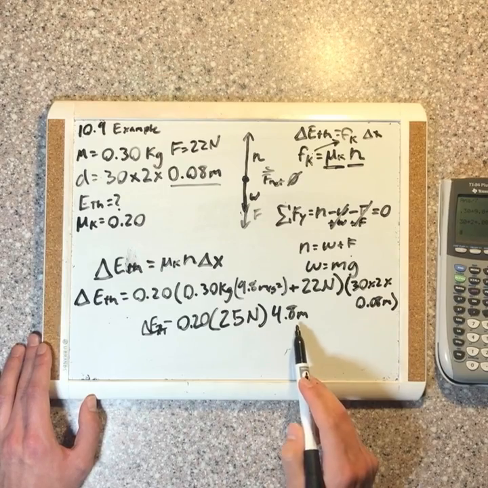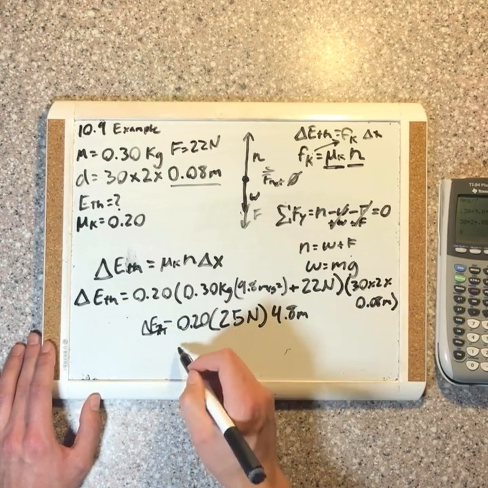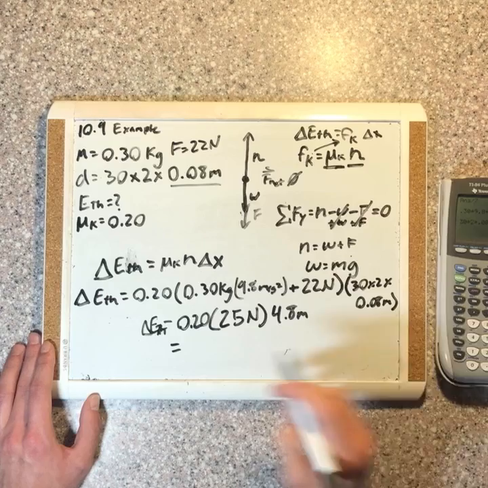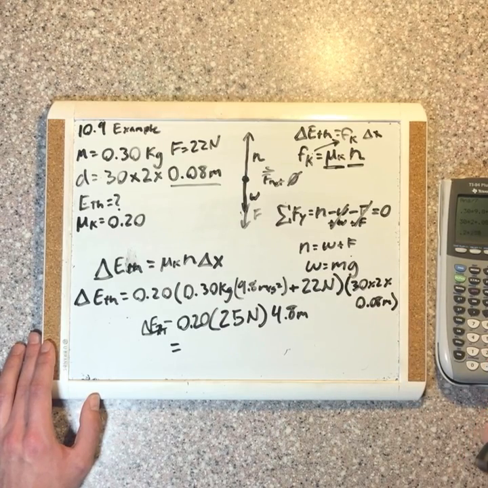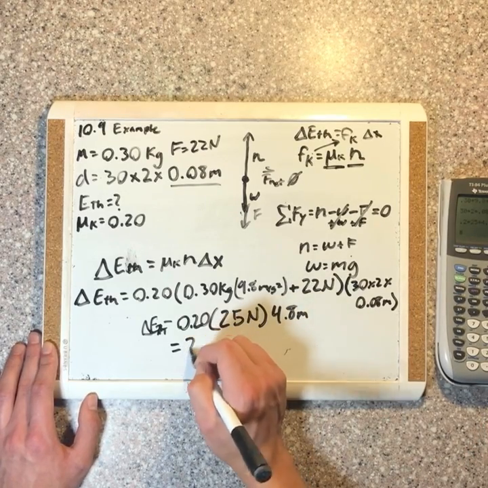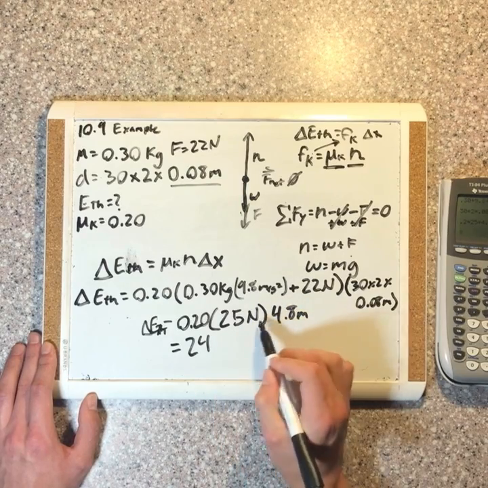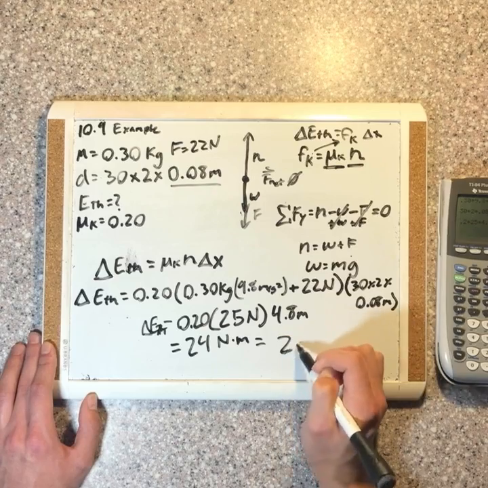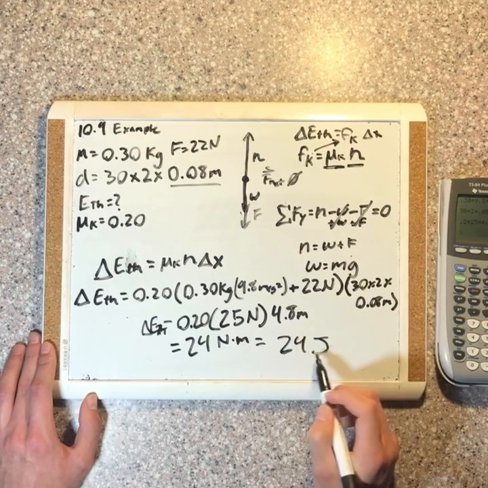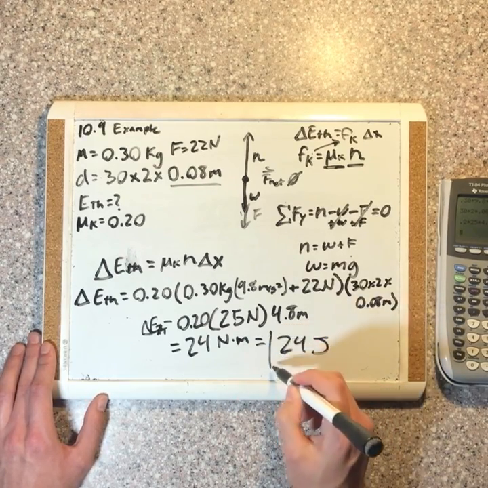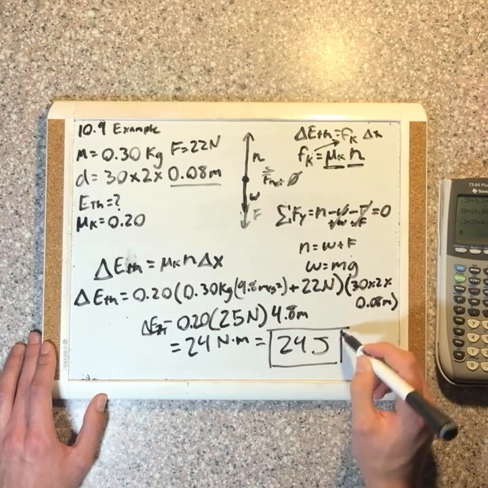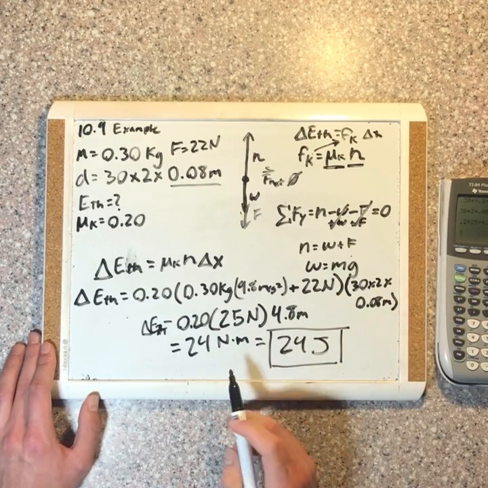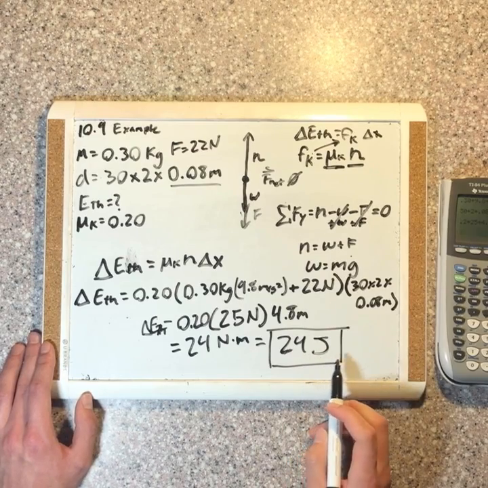Lastly, we multiply this all together, and that should give us 0.2 times 25 times 4.8 equals 24. And newtons times meters is Newton meters, which is equal to 24 joules. Newton meters is the same thing as joules. So our total thermal energy generated by rubbing this block back and forth is going to be 24 joules.